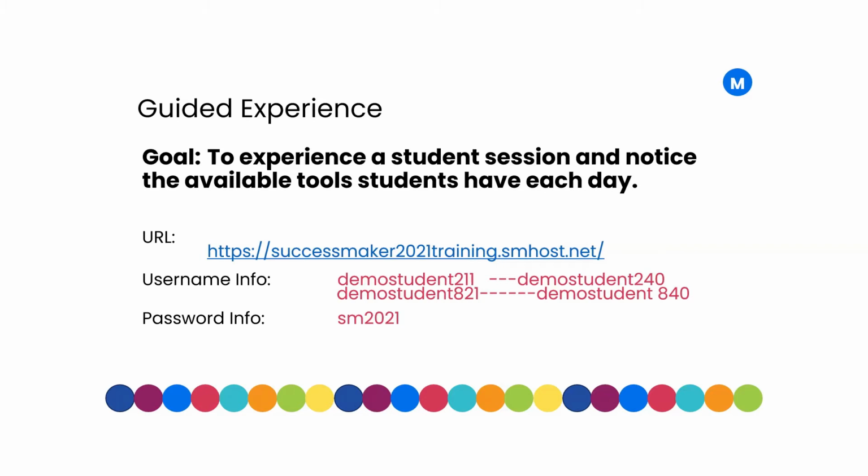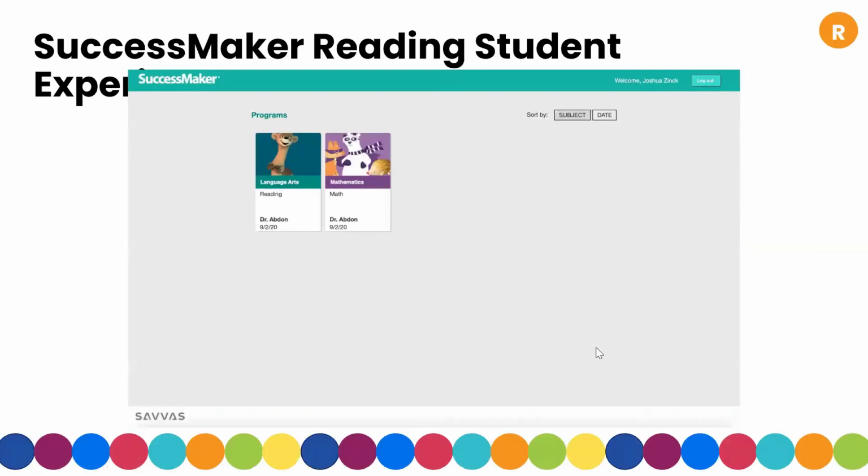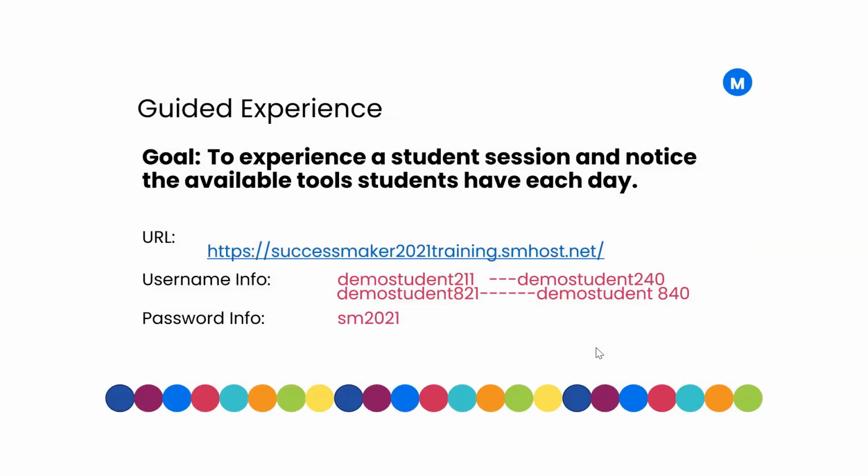So Lori, I'm going to let you assign the numbers, and don't use 211. Let's not use that one because that's my personal one. But from 212 to 240, if you will assign a number, or even from 821 to 840. And so I'm going to put the link in the chat here.